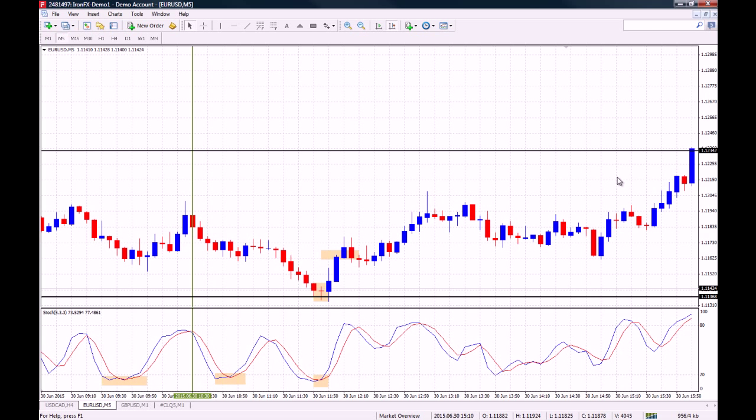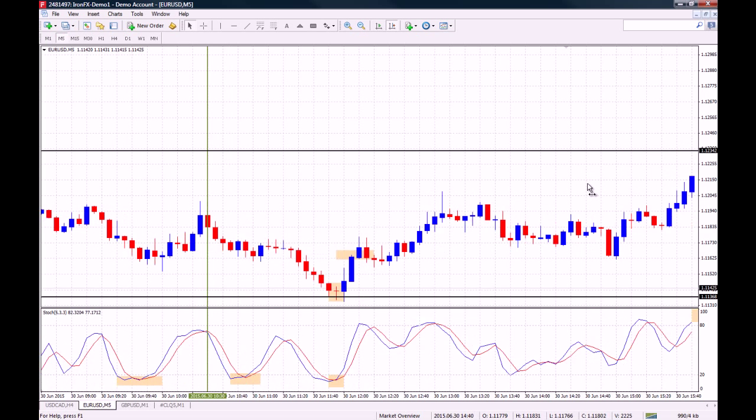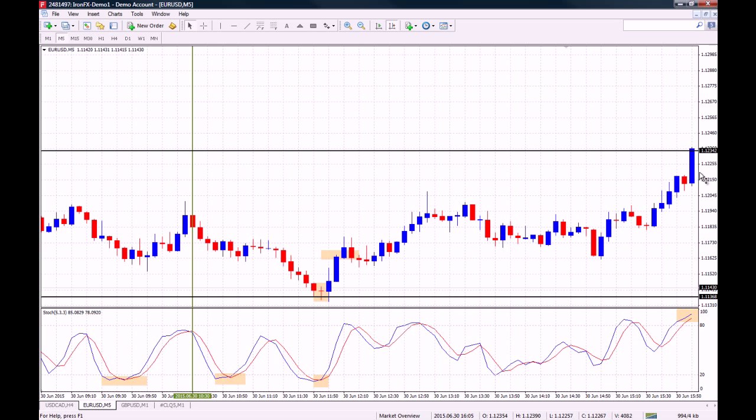And right here you can see that we hit this area of resistance with a very strong candle to the upside. We are in fact in overbought territory, but you can see that we haven't had the bearish crossover yet.